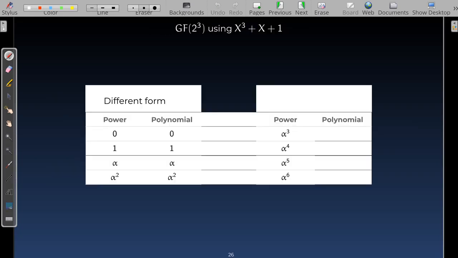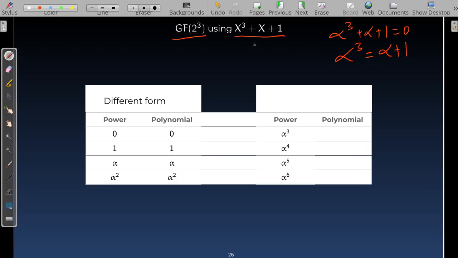Okay, so now we are going to actually construct a field, and for this we are going to construct GF(2^3) using x^3 plus x plus 1, which is the primitive polynomial that we are talking about. So directly from here we have two relations: alpha^3 plus alpha plus 1 is equal to 0, which means that alpha^3 is equal to alpha plus 1.